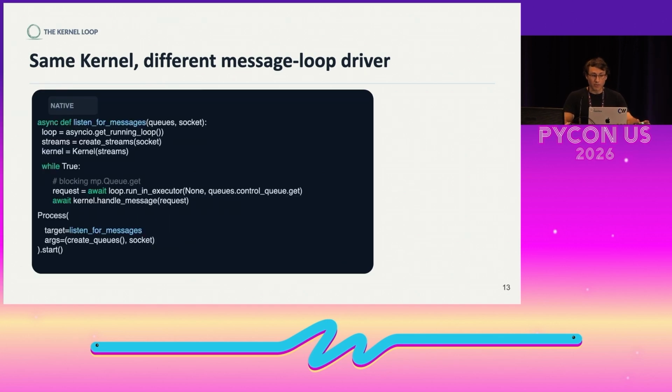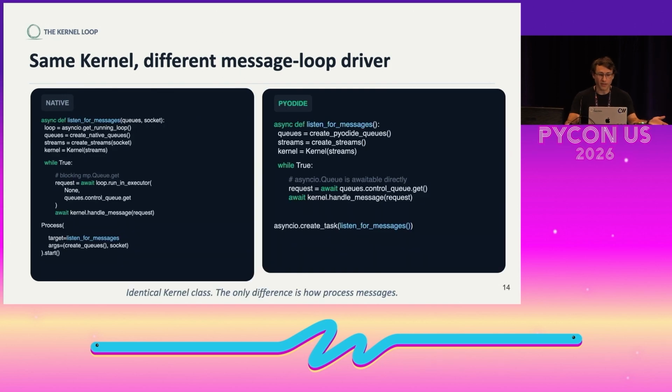In reality, it's a little bit more complicated than that. In native Python, we run the kernel in a process, and we communicate over IPC. And then we also run the control queue in an executor, so we don't block the async event loop. This keeps it free just in case users want to create their own asyncio tasks in their cells.